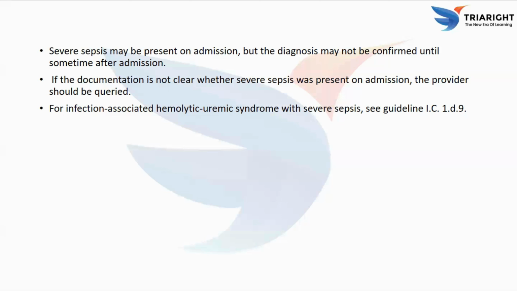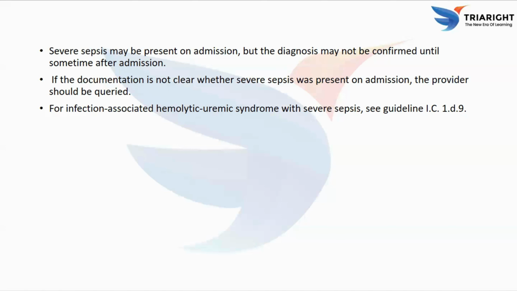So when HUS occurs with severe sepsis, special coding rules apply. This guideline gives specific sequencing instructions on which diagnosis takes priority, and how to code both the infection and organ dysfunction. So not all such situations follow the same sequencing rules. So HUS is one of those special cases where you must check the official guidelines to avoid errors.